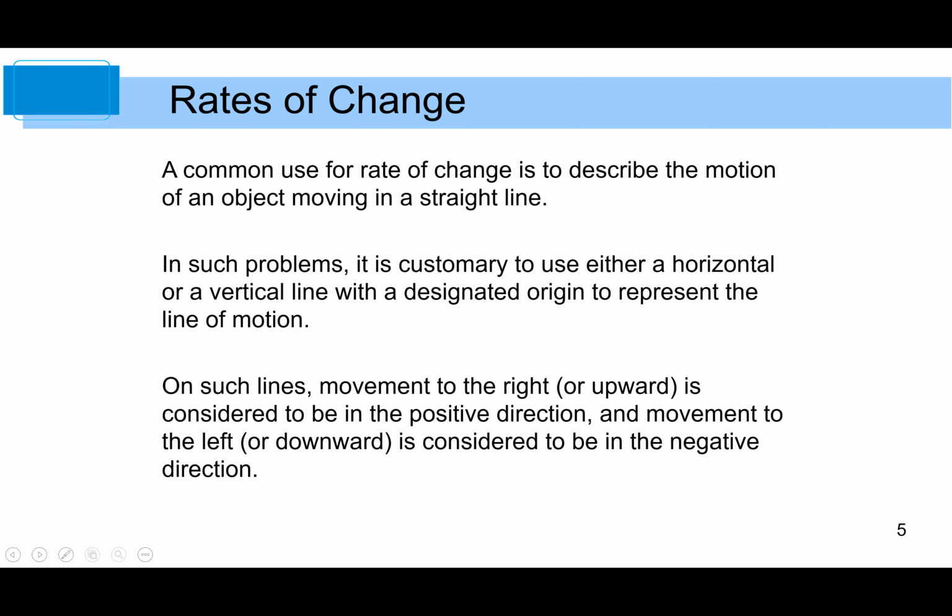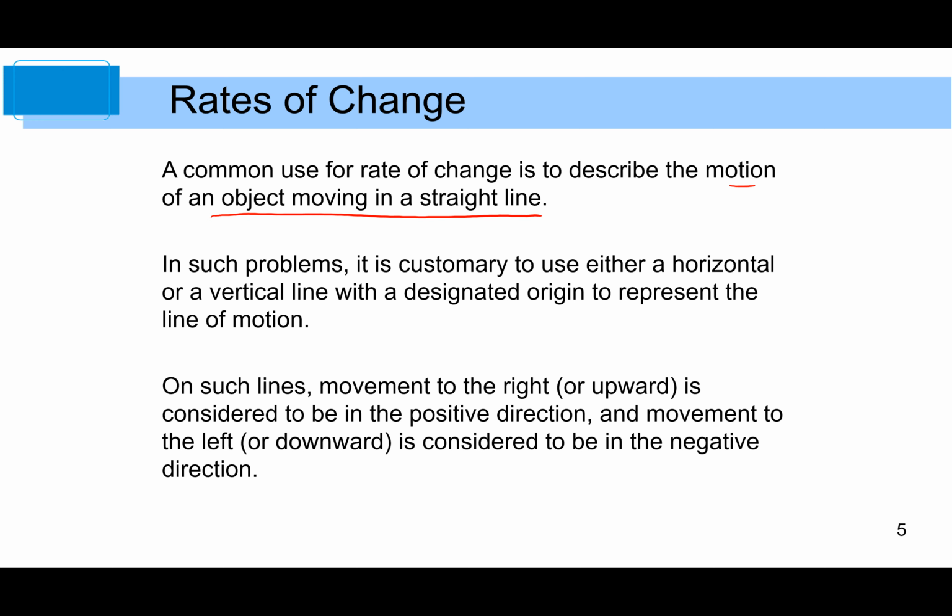A common use for rate of change is to describe the motion of an object moving in a straight line. In such a problem, it's straightforward to use either a horizontal or vertical line with a designated origin to represent the line of motion.